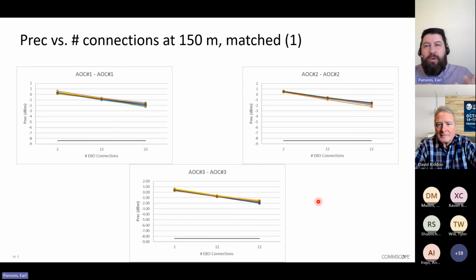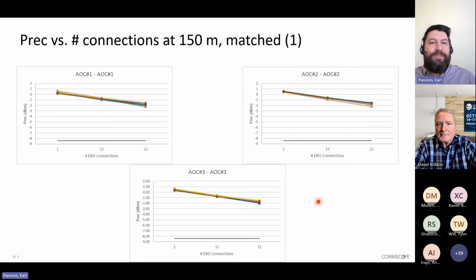But in general, you don't have to use pigtailed AOC to use these expanded beam connections. I'm not aware of any transceiver manufacturers right now putting expanded beam connectors on the end face of the transceiver. So you would either need a hybrid cable, or you need a pigtailed transceiver like we essentially made out of these AOCs that have the expanded beam connector.